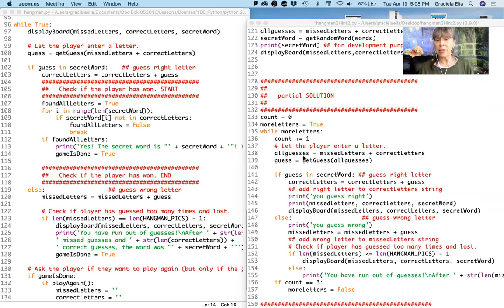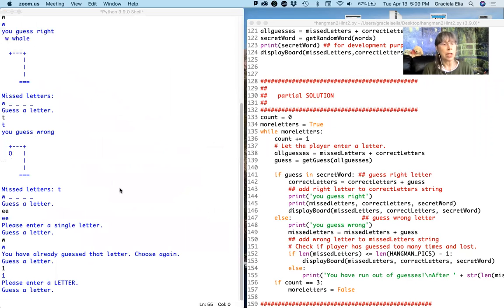I have the all guesses because every time I have a letter that could be belonging, either one should be included in there. And then if it is in the secret word, meaning if we go back over here, for example, we have a whale over here. Is this whale? Yes.